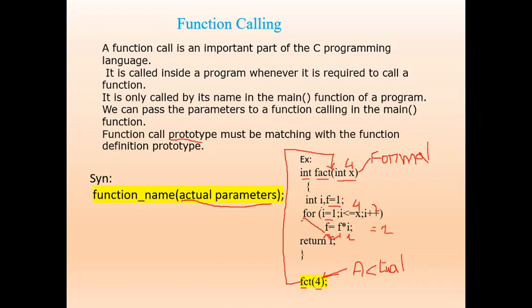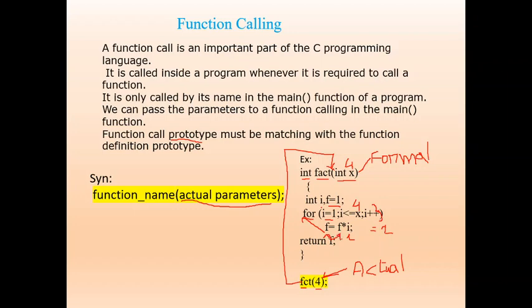Again control will move up. Now the i value is 3. The condition is true. What is the recent f value?